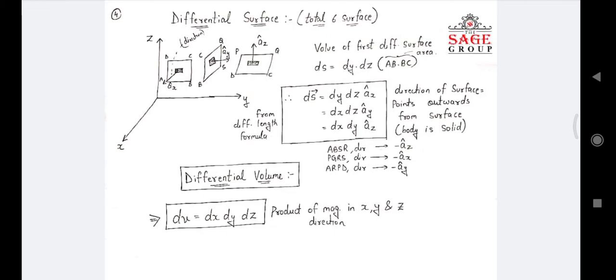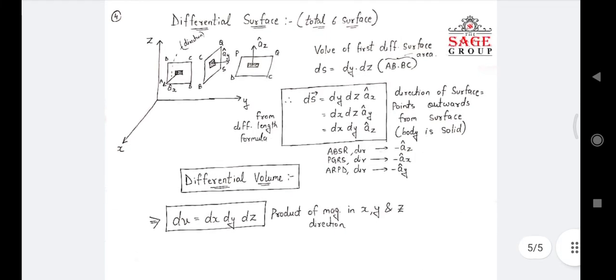Why have we drawn it? To determine the direction of a surface. You should always make one footnote over there: the direction of a surface points outward from the surface, that is, the body is solid.